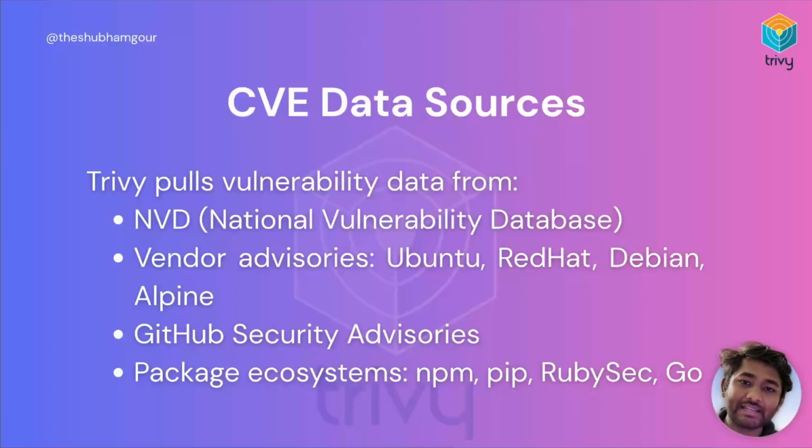That is taken again as a reference point in these data sources, so it becomes easier for Trivy to check what sort of issues can arise apart from NVD and vendor advisories. So GitHub security advisories are also one of the important data sources for Trivy. And the last is package ecosystems, that is npm, pip, Ruby, and Go.